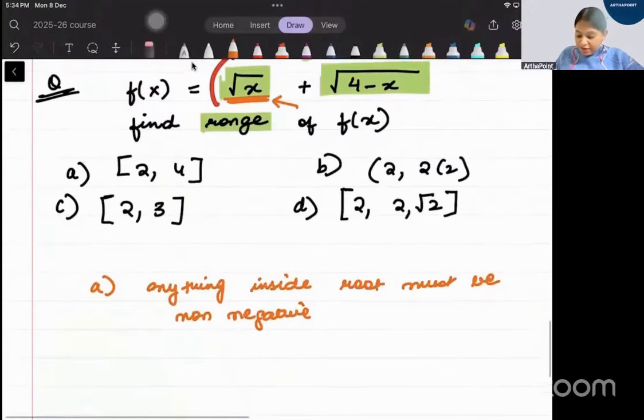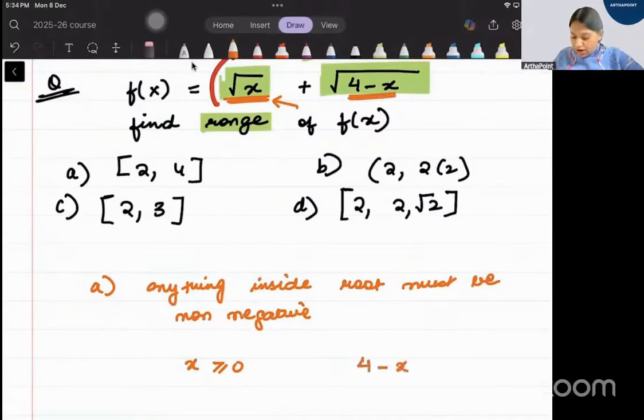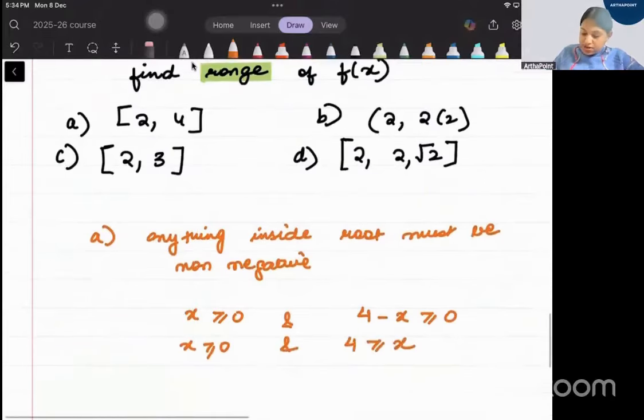So here I have to put something which is non-negative. Similarly, if I have to put something here, I cannot put something random. I have to put something non-negative. So from here I get x greater than equal to 0 and 4 greater than equal to x. माने x greater than equal to 0 and x less than equal to 4.